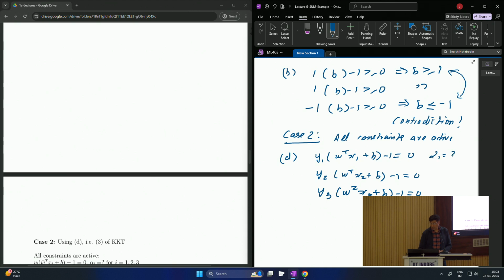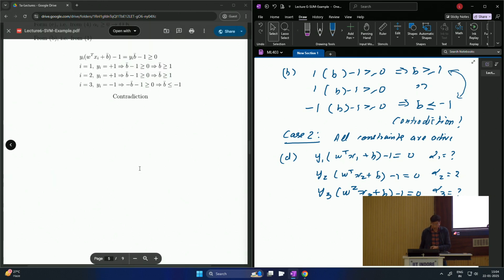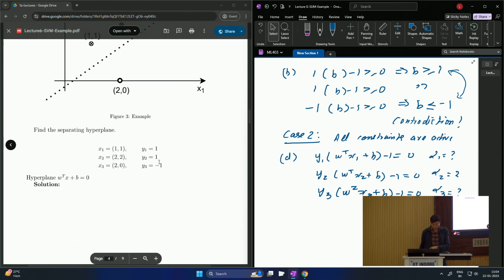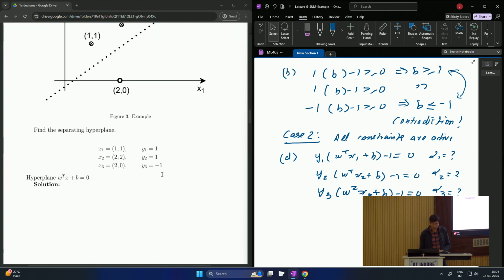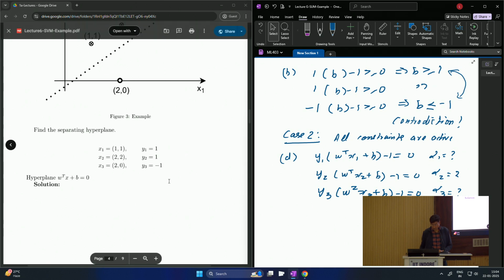Alpha 1 could be anything, alpha 2 could be anything, alpha 3 could be anything. Correct? So I'll substitute y1 x1, y2 x2 and y3 x3. This is given to me. So I'll get three equations in w and b.